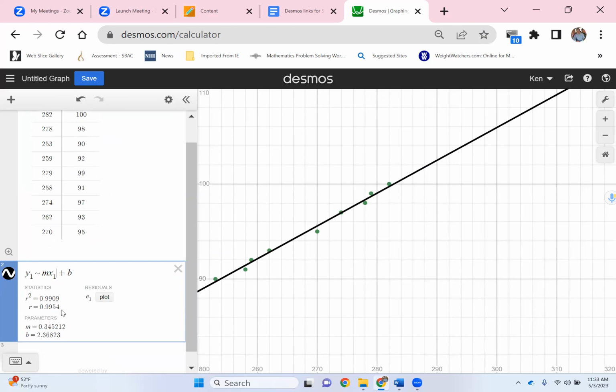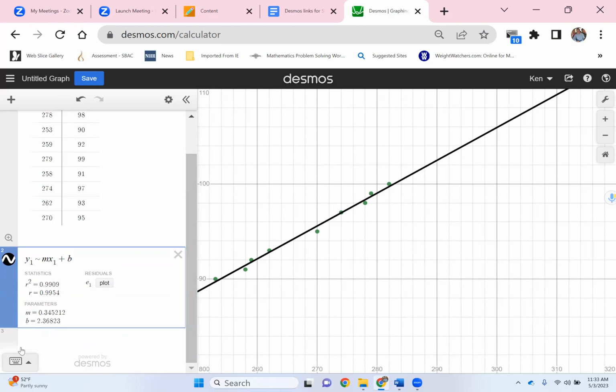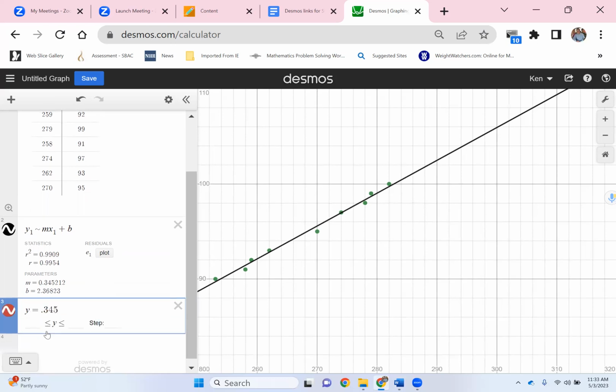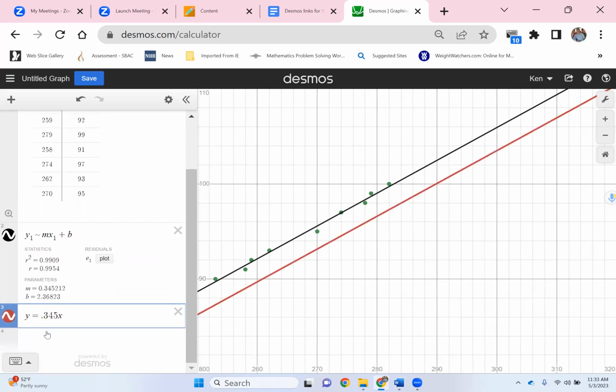And we see that the R value is 0.99, which means it's a great correlation. Okay, it predicts it extremely well. So what's our regression line? Okay, it's going to be y equals 0.345x plus 2.37.